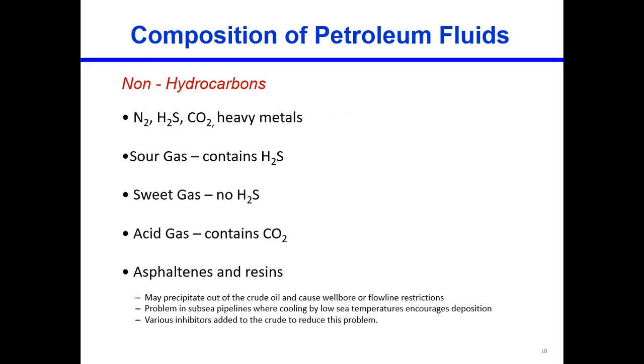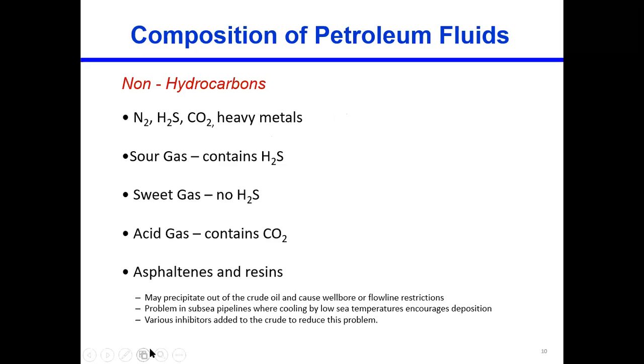Also, we have other components of these reservoir fluids. One of them is sour gas. When the reservoir fluids contain H2S gas, H2S is a very acidic and toxic gas. It can even kill people. It can make you unconscious. So we don't want this H2S.